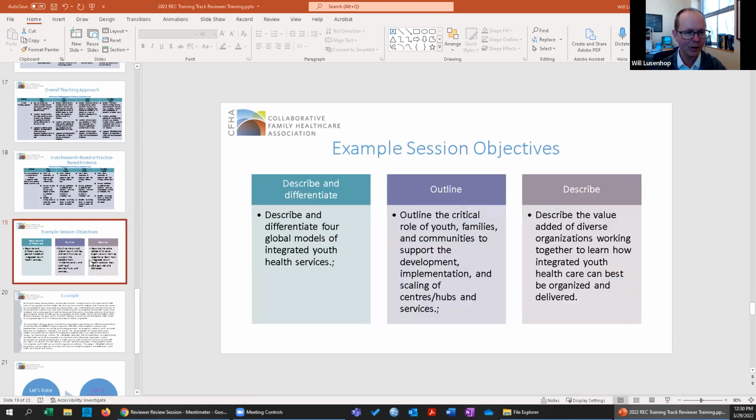So here is our sample. I don't have a title for it, but here's our sample session. And these are the example session objectives. Describe and differentiate 4 global models of integrated youth health services. Outline the critical role of youth, families, and communities to support the development, implementation, and scaling of centers, hubs, and services.